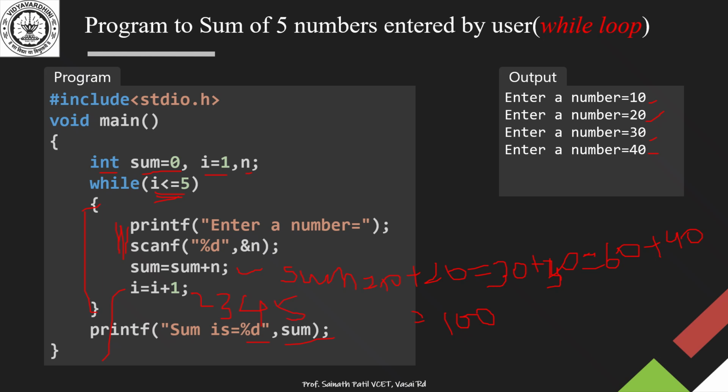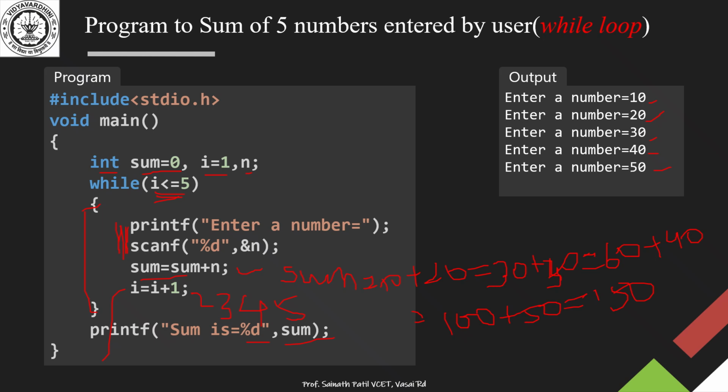Is it less than or equal to 5? It is equal to 5. So again the condition is true, so this printf will be executed. I entered 50. So that 50 will get added to the previous sum and 150 will be assigned to the sum, the new sum.